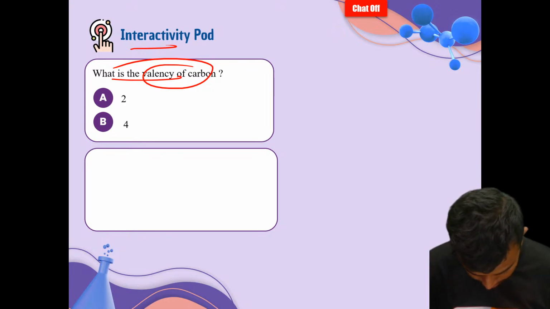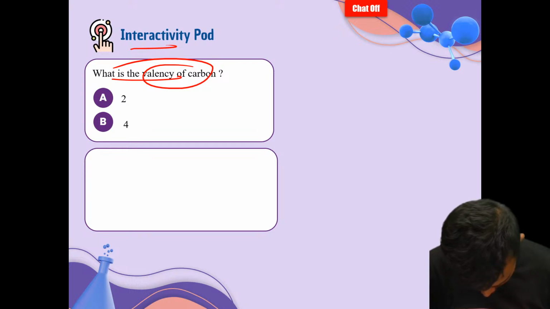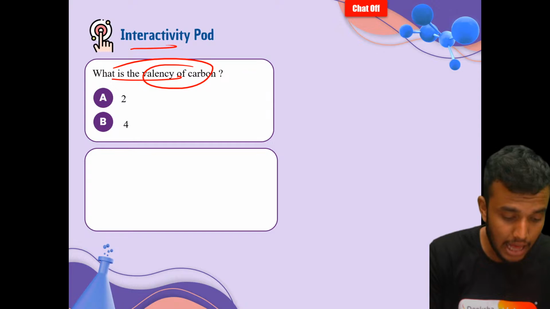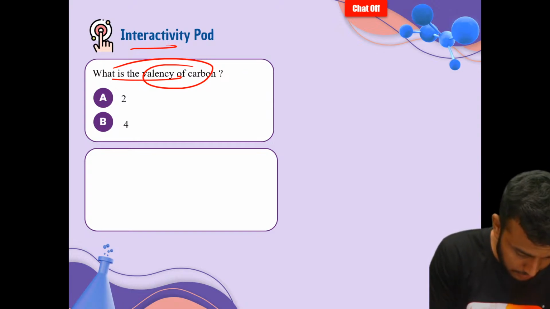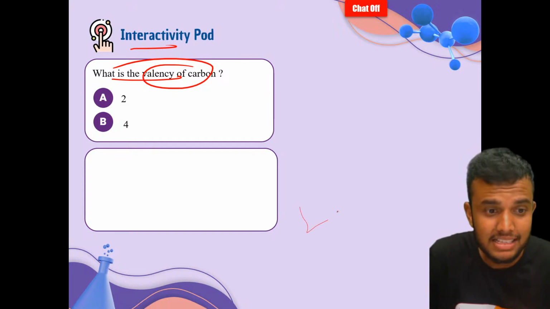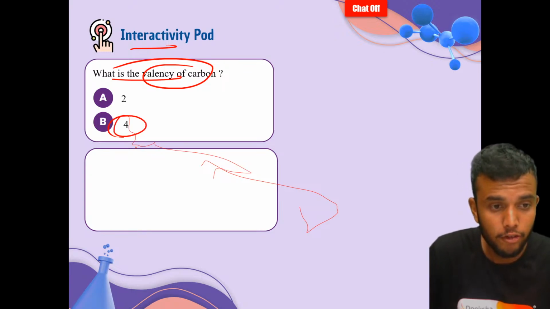The exact answer is 4, right, students. The valency of carbon is 4.